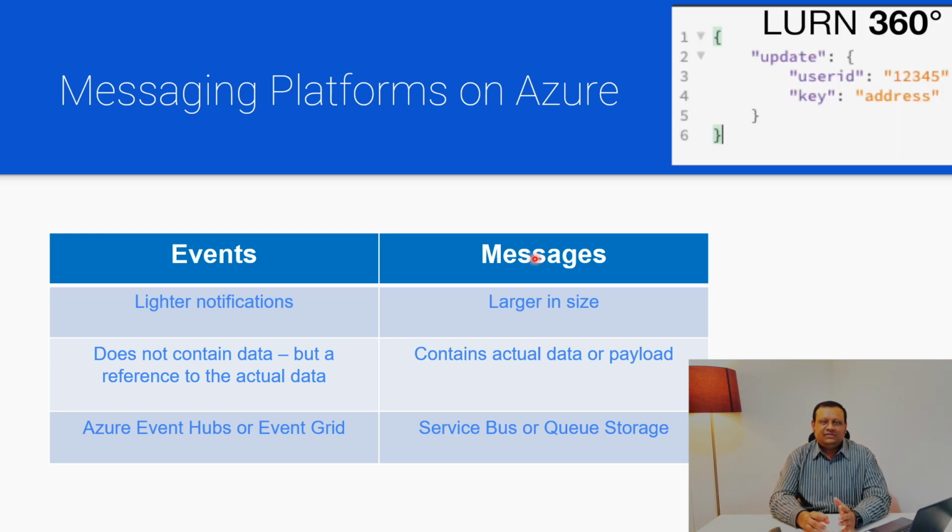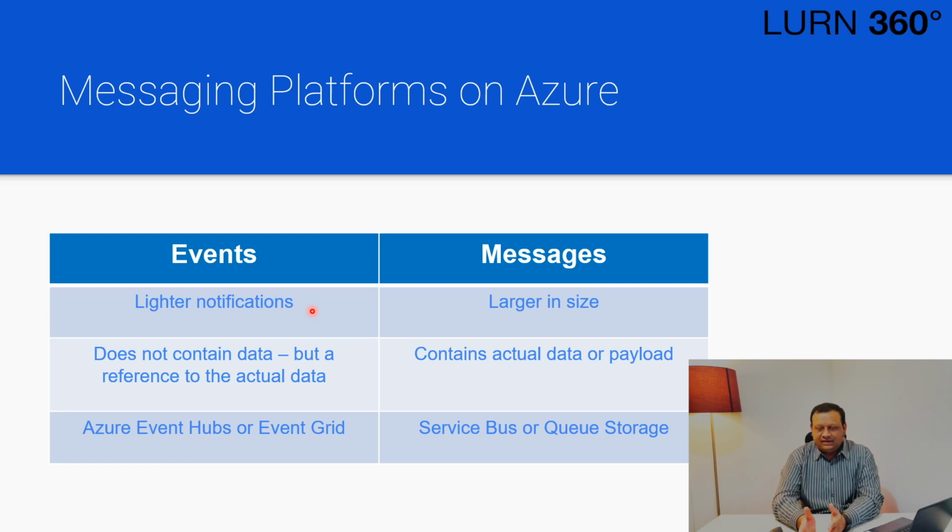Events are basically very lightweight notifications. They might contain some context of the data, but not the actual data. That's why they are very light in size. The source system might just send, let's say, a user ID or an item number, for example in an e-commerce scenario, or a work ID or employee ID, some kind of context of the data, but not the actual data.